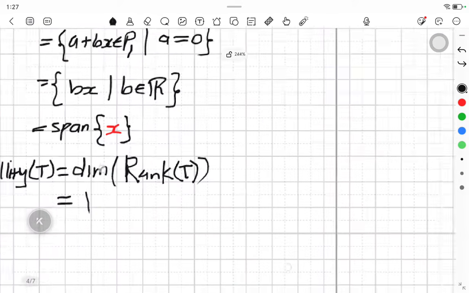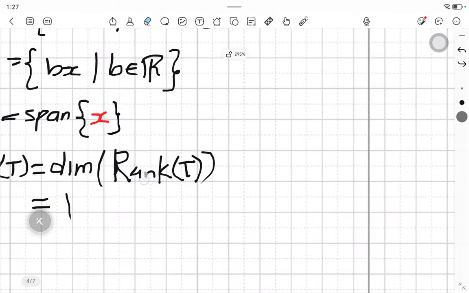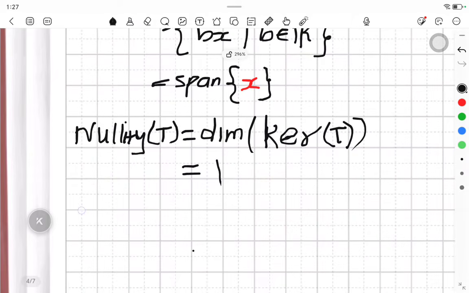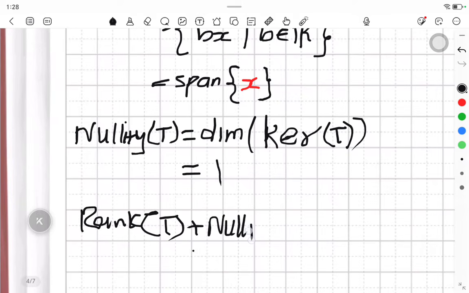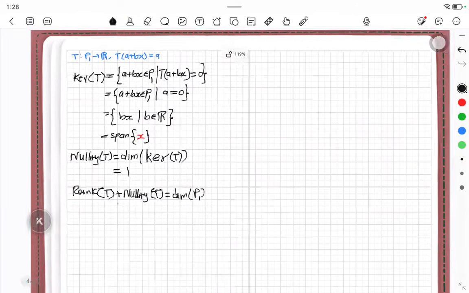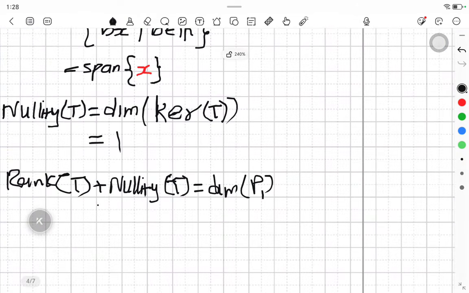Now, did I say rank of kernel? Yeah. Then now we come and check the rank. The rank of T plus nullity of T will be equal to the dimension of P1, because P1 is our domain, right?